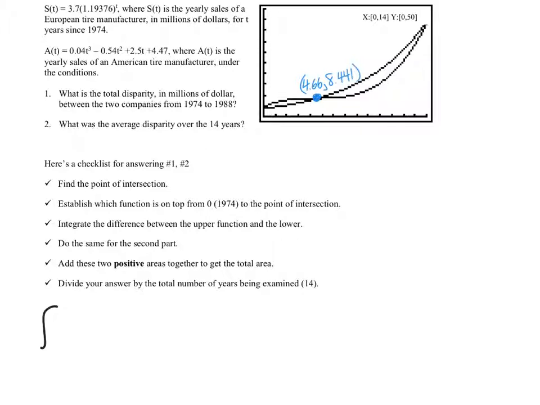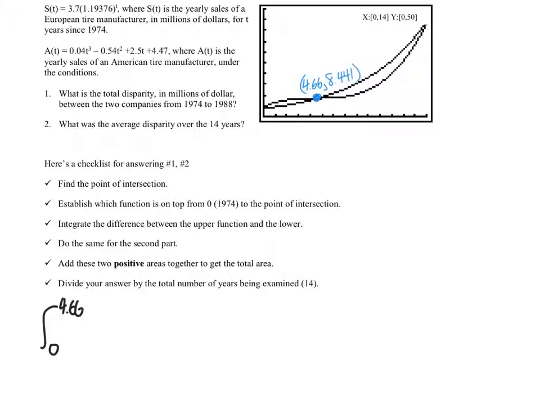All right, so the integral going from 0 to about 4.66, but we're just going to use 4.66. Now, what I have to do is subtract the functions in the appropriate order. All right, so I need to designate these appropriately. The first function that was graphed was the exponential function. That's the one that started below and then ended up higher.